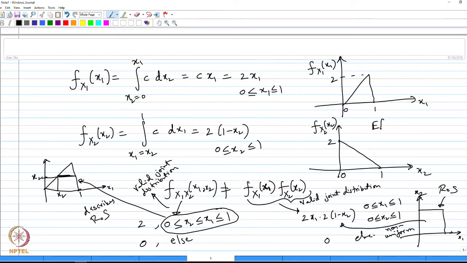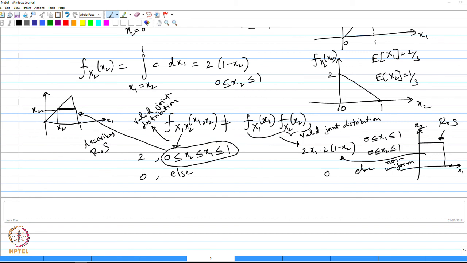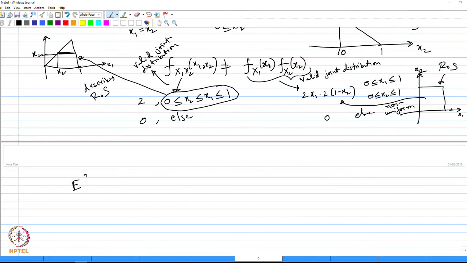So we see here expected value of x1 will be 2 by 3, and you can imagine expected value of x2 will end up being 1 by 3. If you calculate expected value of x1, x2 for the two joint distributions, for the one uniform in the triangle, and for the joint distribution fx1 of x1 times fx2 of x2.